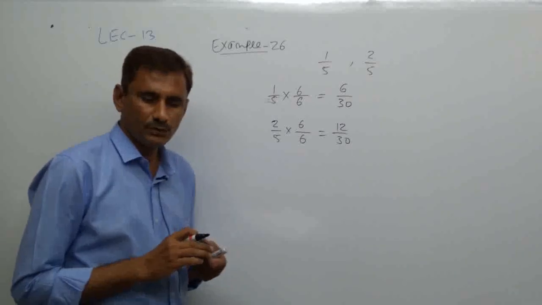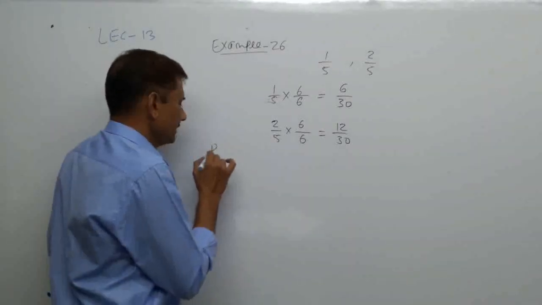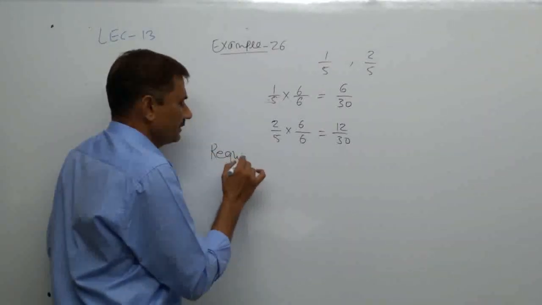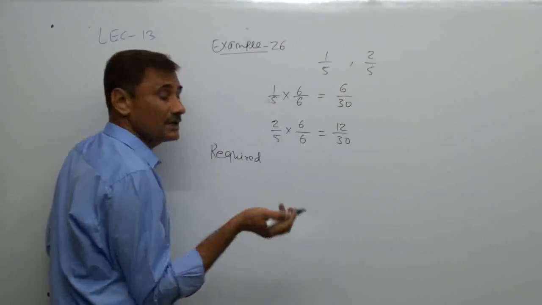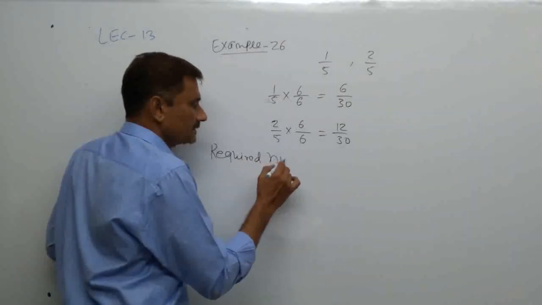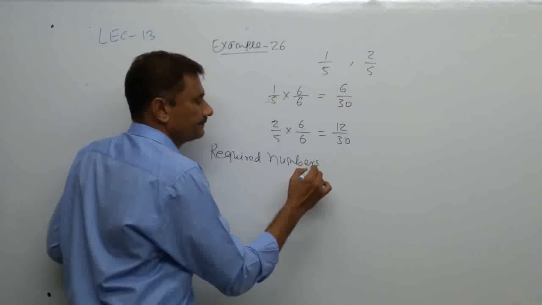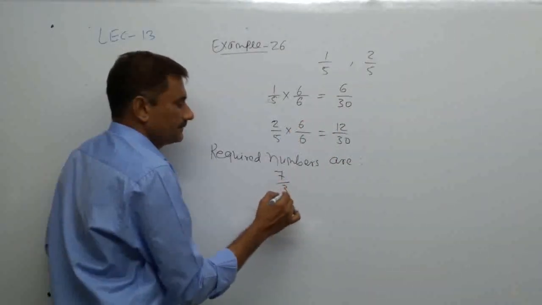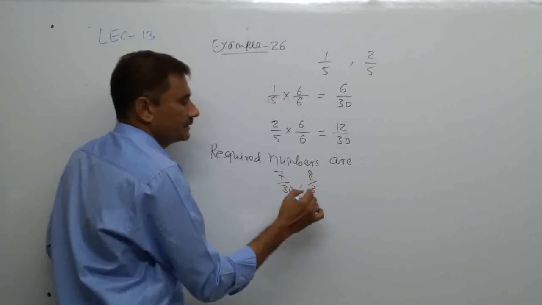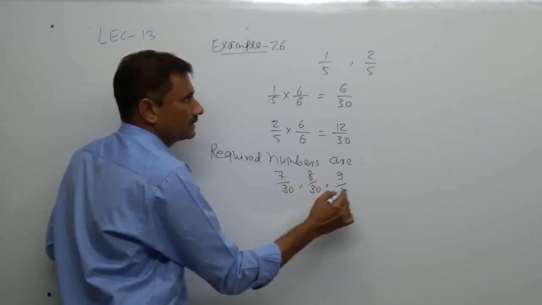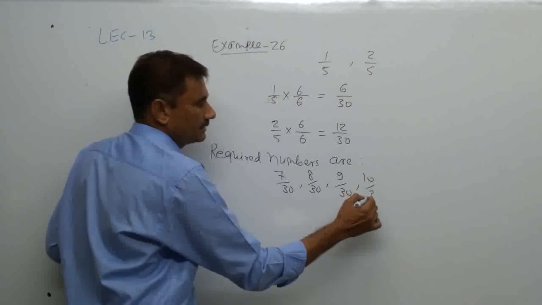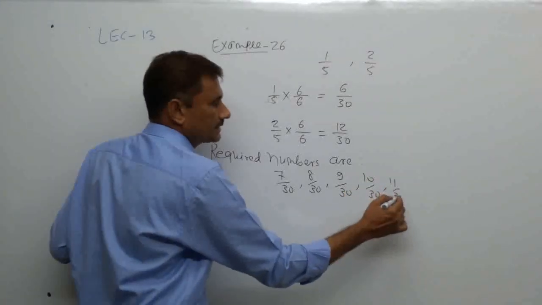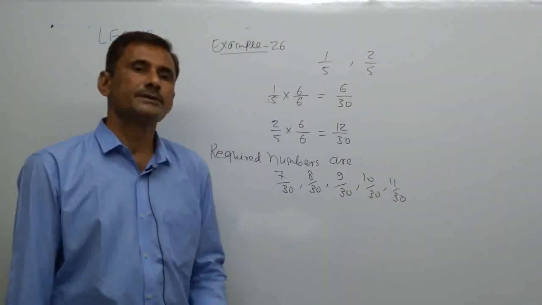Required means whatever is asked. Required numbers are 7 by 30, 8 by 30, 9 by 30, 10 by 30, 11 by 30. Exactly 5 numbers we got.